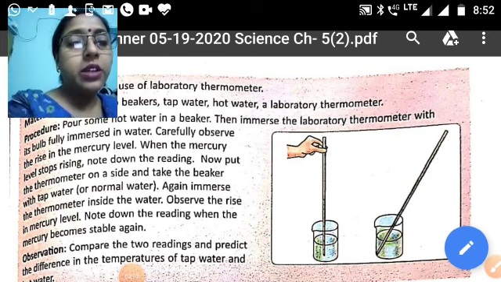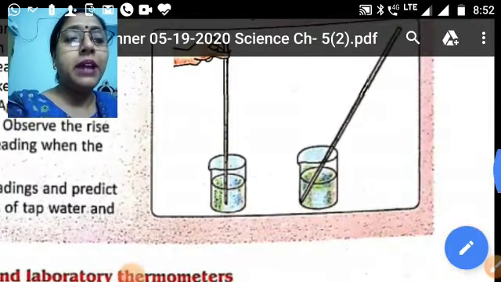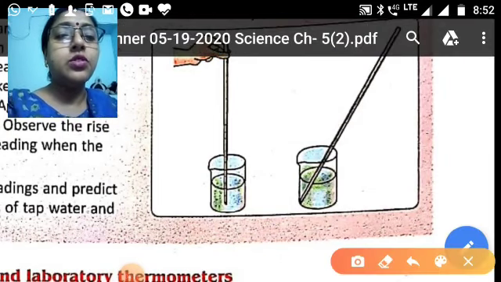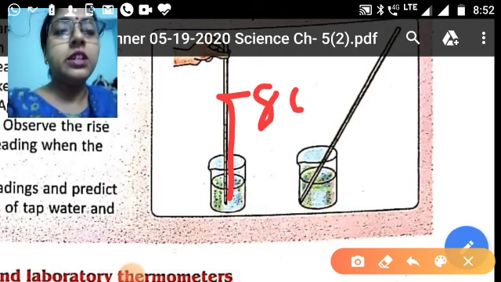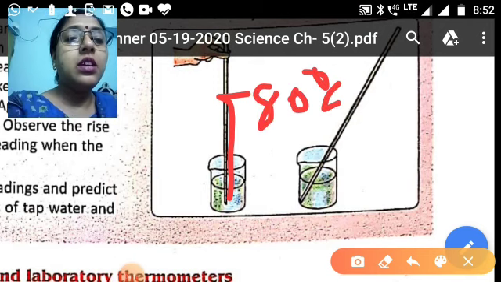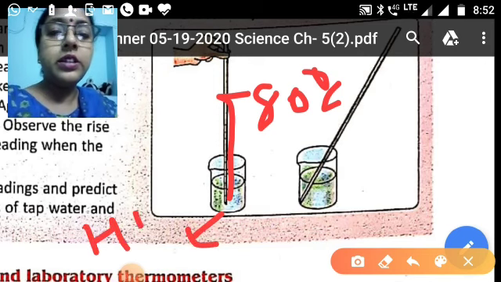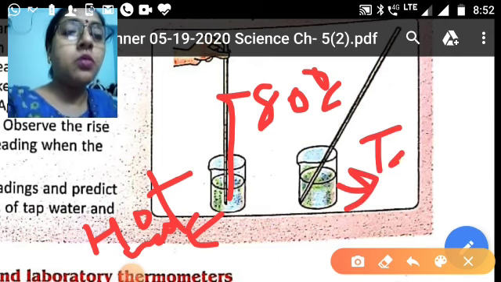In the hot water, the mercury will rise up, and it might give a reading up to 80 degrees Celsius. So this is the hot water, and this one is the tap water.